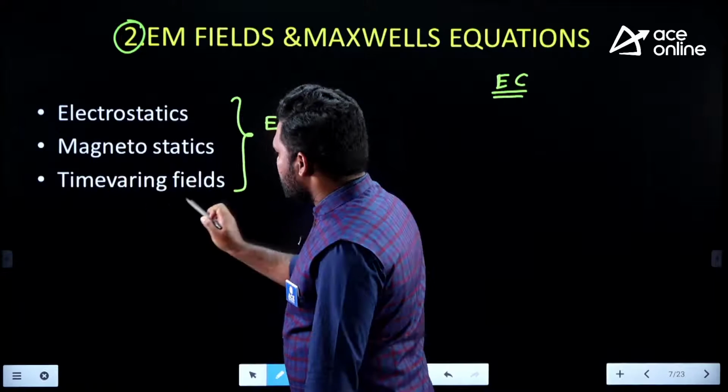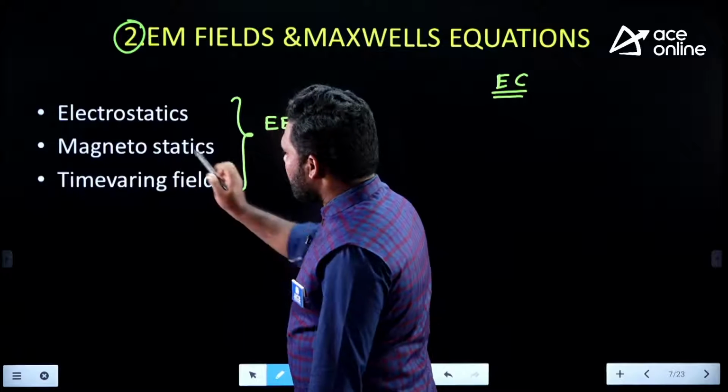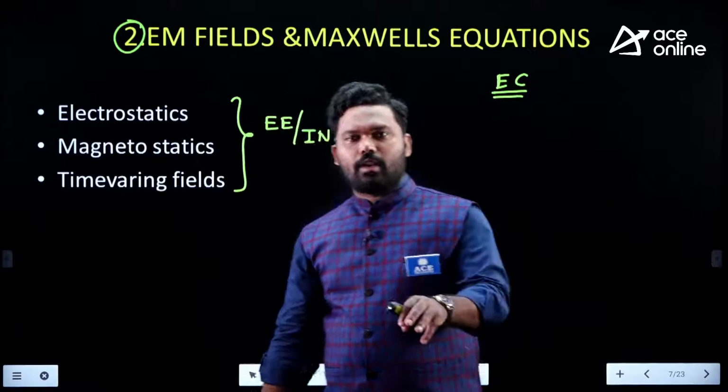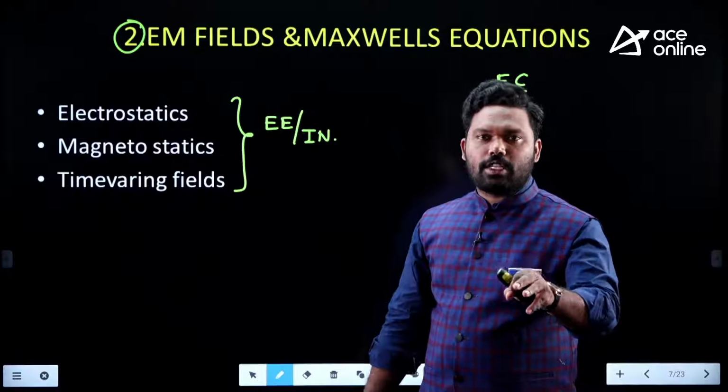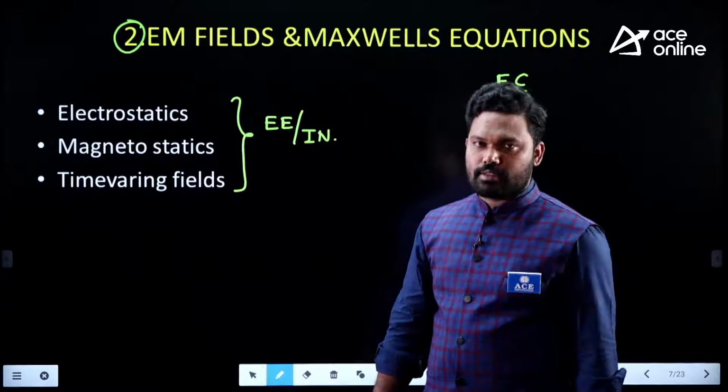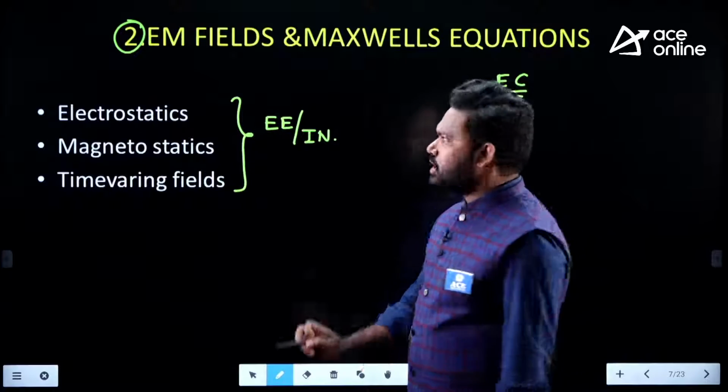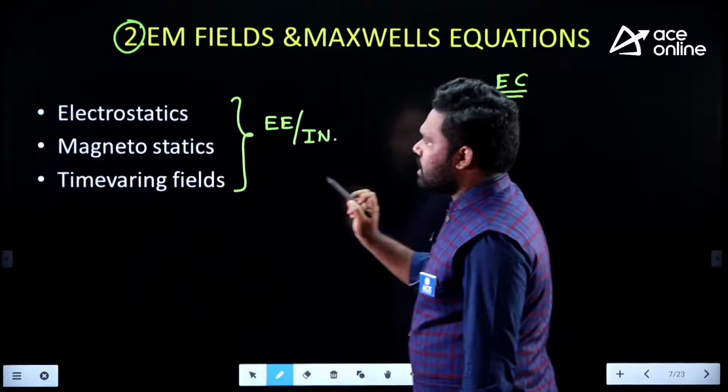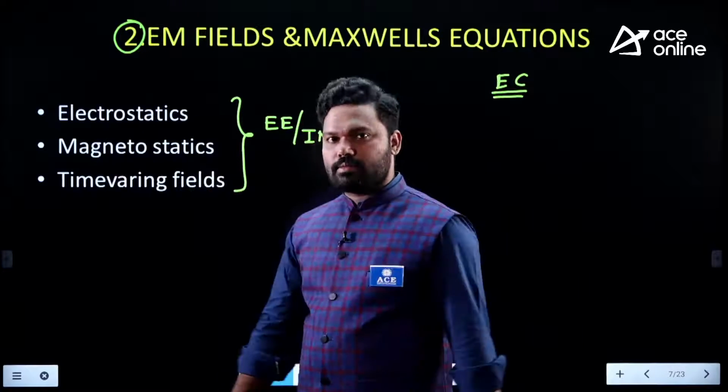But interestingly, or you can say unfortunately, to understand these time varying fields, one should have very fundamental knowledge of electrostatics and magnetostatics. Fine. So the EC students need not concentrate much on electrostatics and magnetostatics.